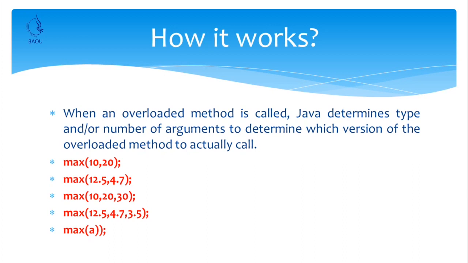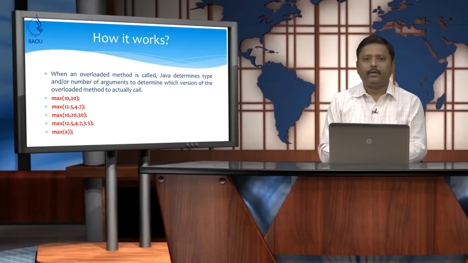In the third case, the 3 long parameters definition is executed, and in the fourth case the 3 double parameters definition will be executed, and in the last case, if we assume that A is an array of type double, then that definition will execute. So, this is how method overloading works.